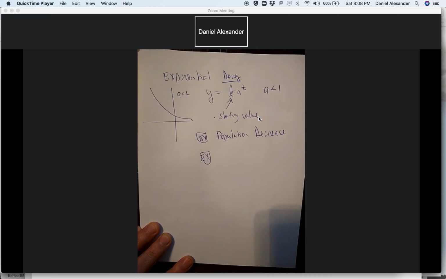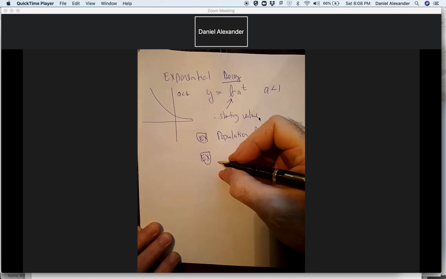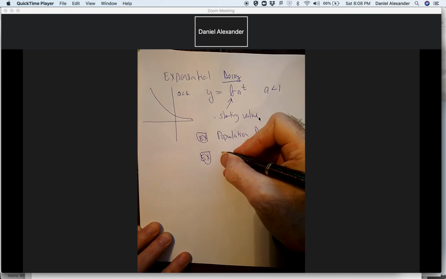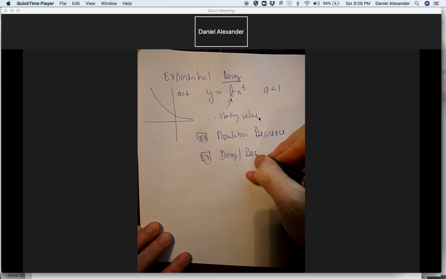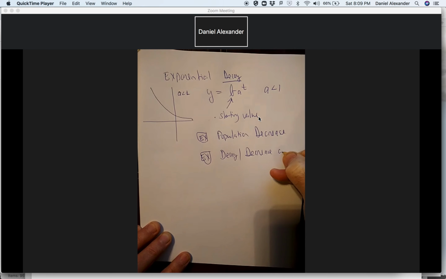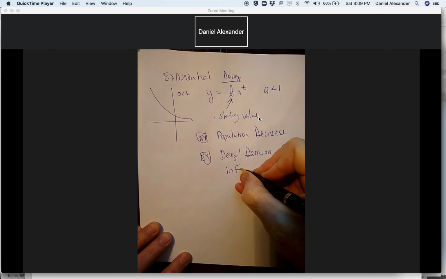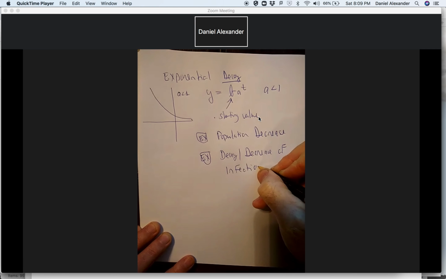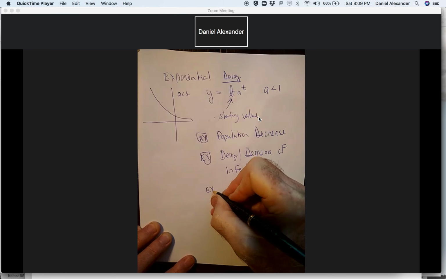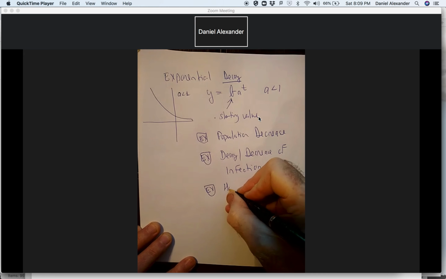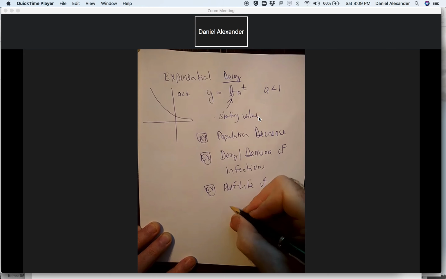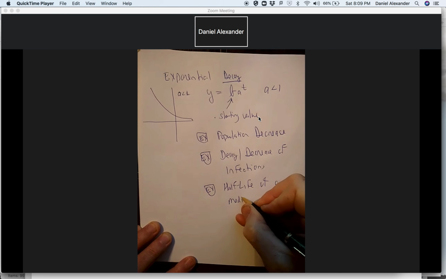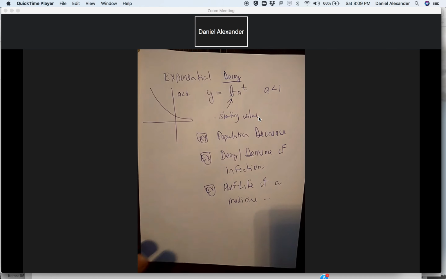Also, when a disease is starting to slow down, it will be the decay or the decrease of infections. That's another example that we'll go through. I'm not going to go through this one, but you might see something like the half-life of a medicine or a drug. That would be another example.